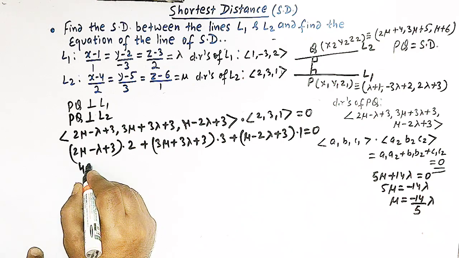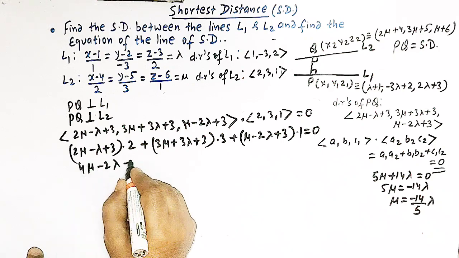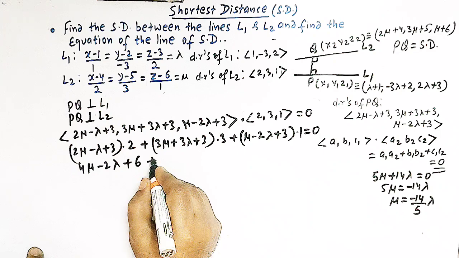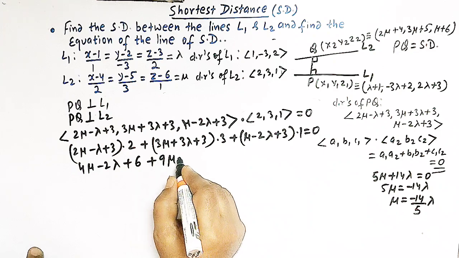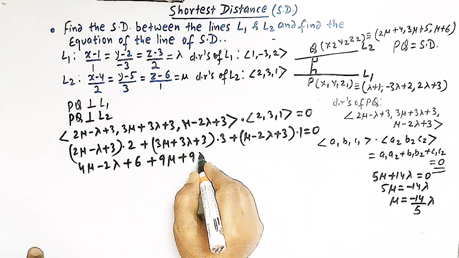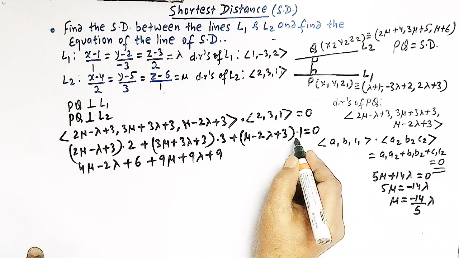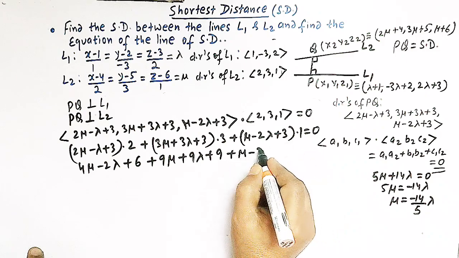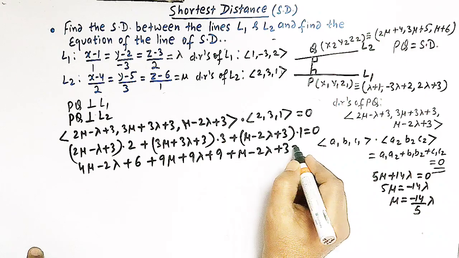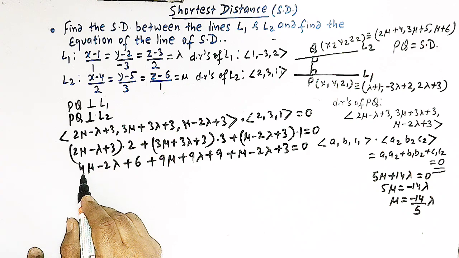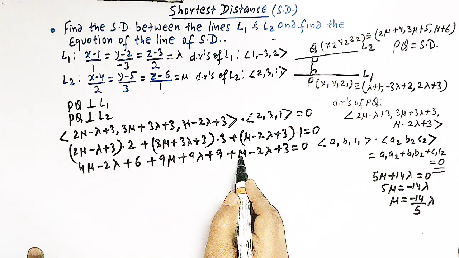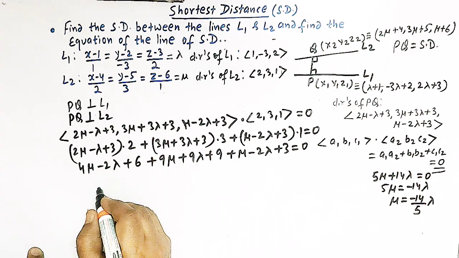So we have 4 mu minus 2 lambda plus 6, and here we have 9 mu plus 9 lambda plus 9, and here we have mu minus 2 lambda plus 3 is equal to 0. So 4 plus 9 is 13, 13 plus 1 is 14.